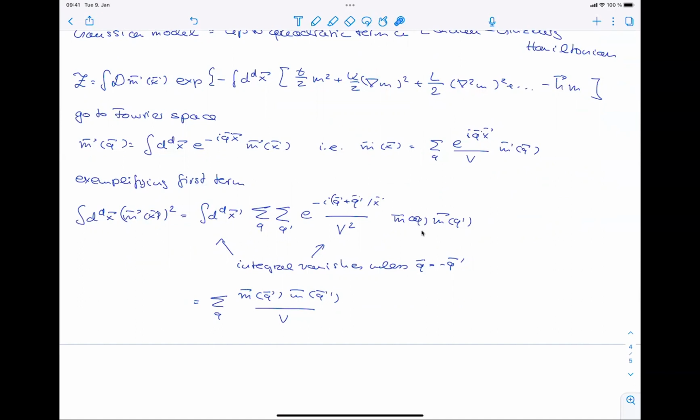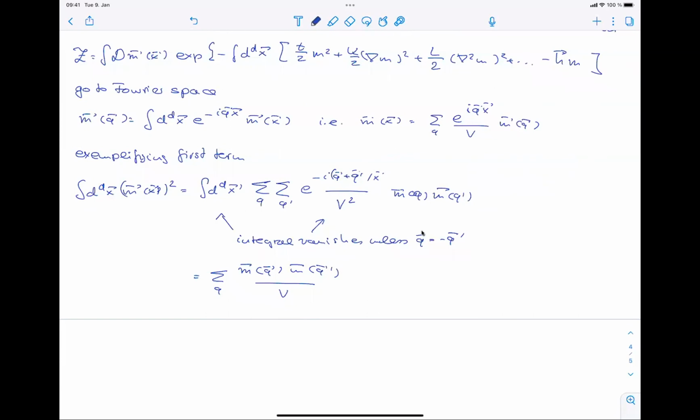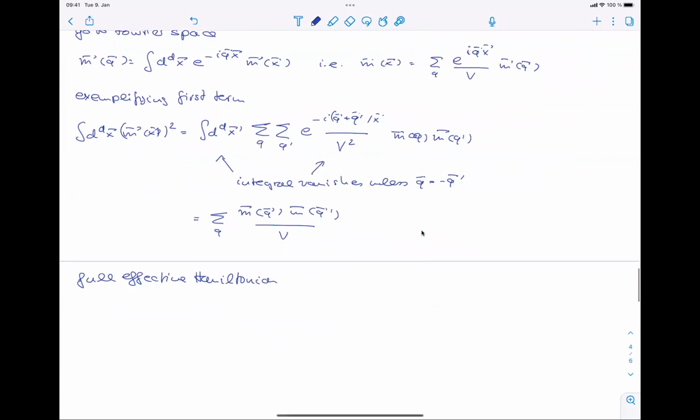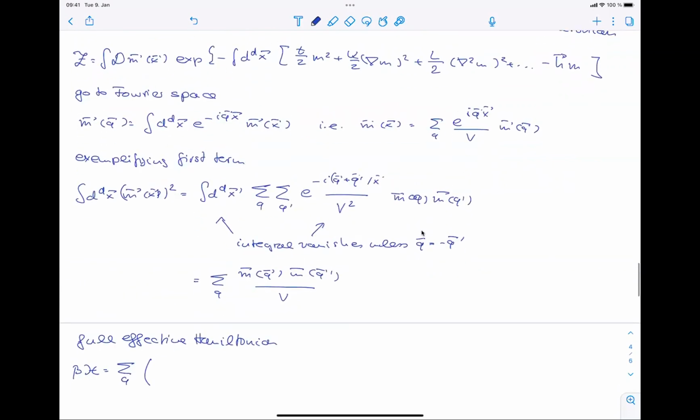factors of Q to the respective order. So then the full effective Hamiltonian becomes beta H equals a sum over Q. The first term is a t, and there's a factor of 2 everywhere.